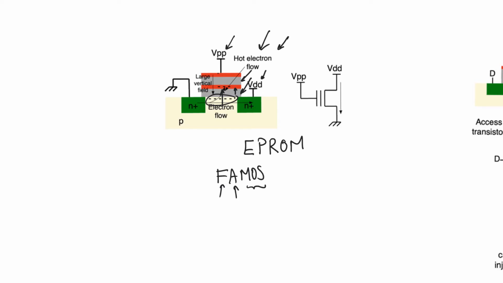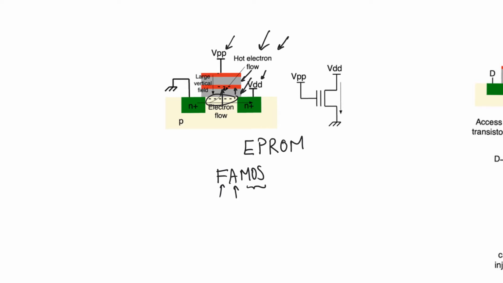It's no longer practically used, which is why the oxides were kind of thick. So we don't have any mechanism by which we can push back the electrons from the floating gate down into the substrate. And so what you would do if you want to erase an EPROM chip is you have to take it out from the assembly.